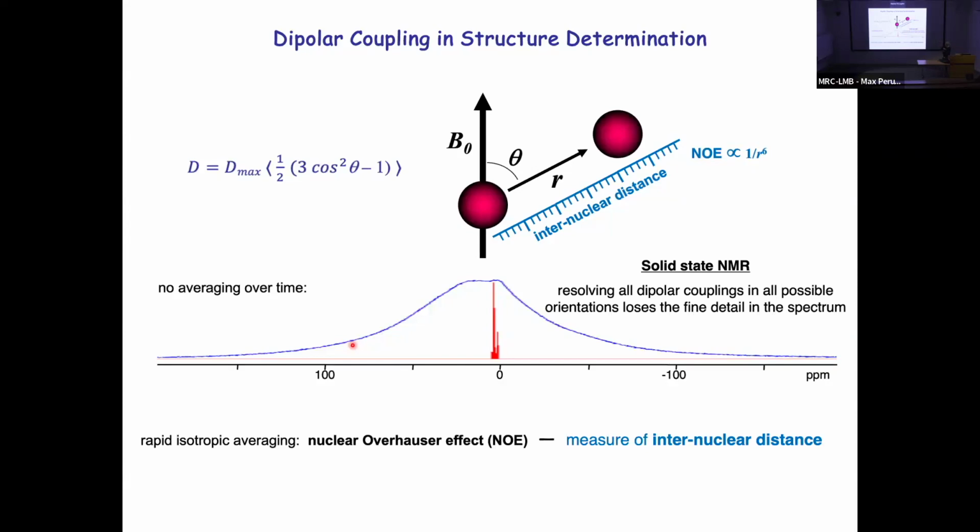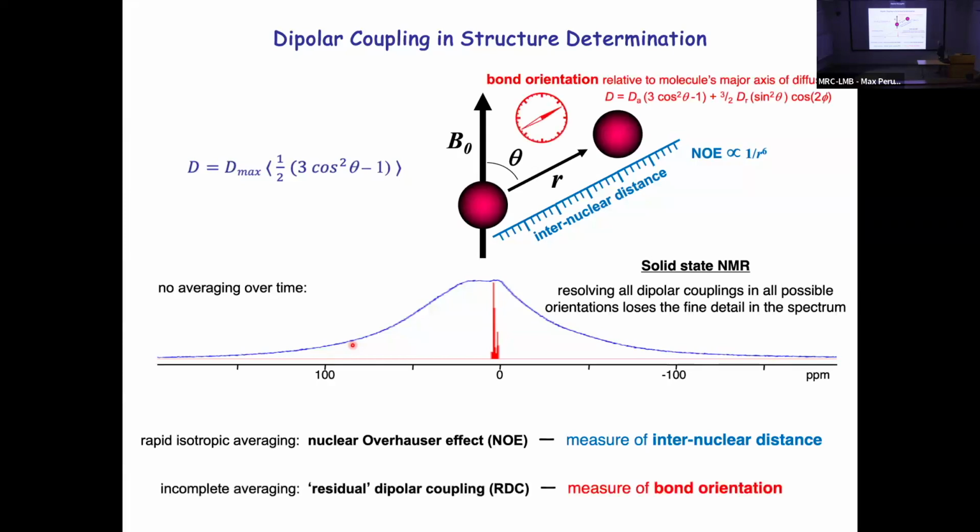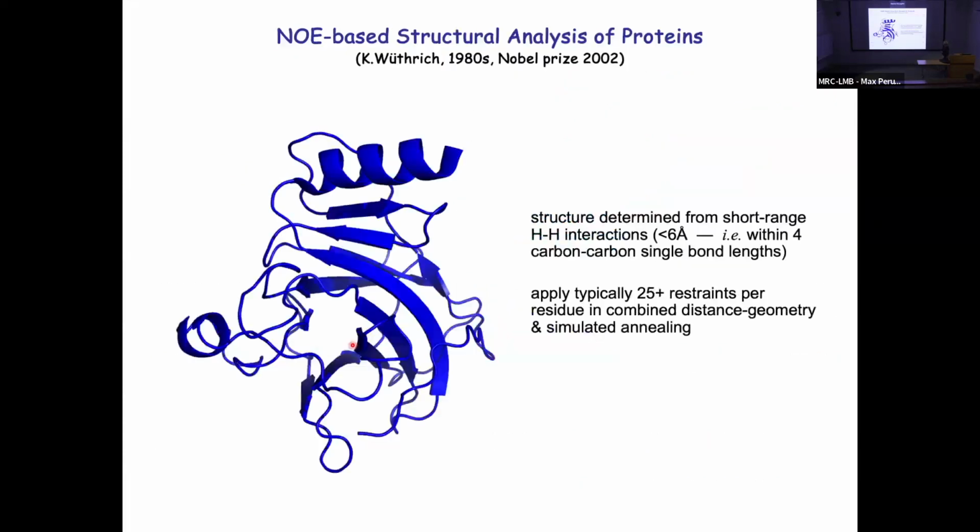So then if we compare different dipolar couplings for different spins along the backbone, what we will see is the angular component is reflected by the strength of the dipolar coupling term in there. So this dipolar coupling can be used either to measure the interatomic distance or the orientation with respect to the B0 field. And that's referred to as a residual dipolar coupling. And it gives us a measure of bond orientation.